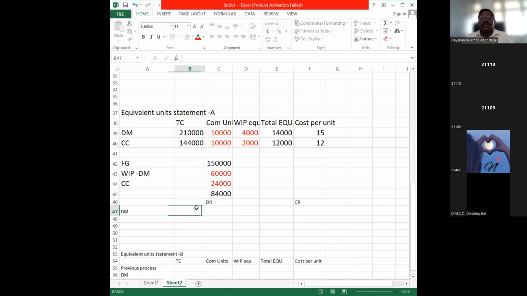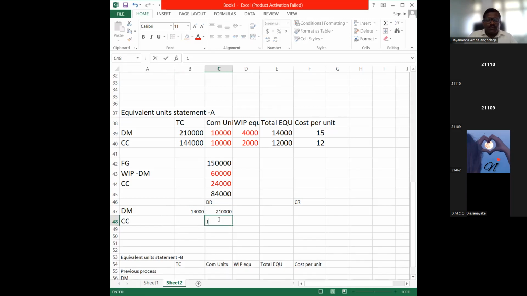Units introduced to the process 14,000. So here it is 210,000 cost, and conversion cost CC is 144,000. That is given in the question. So you entered those two.